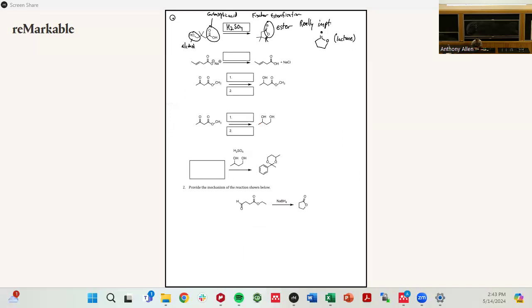Okay, so what happens here? You have carboxylate going to a what? Not an alcohol because carboxylic acid, right? Not an ester because that's not carbon.